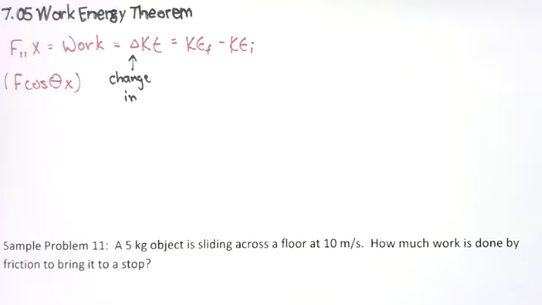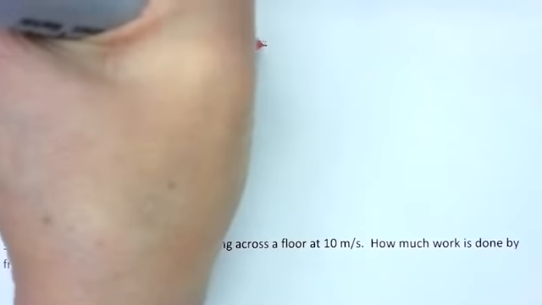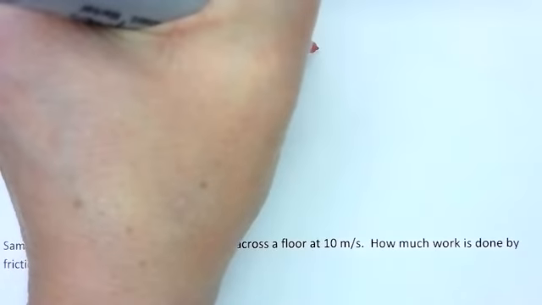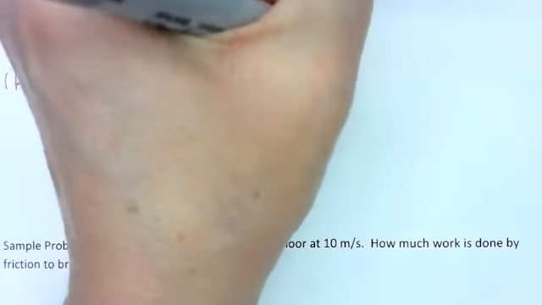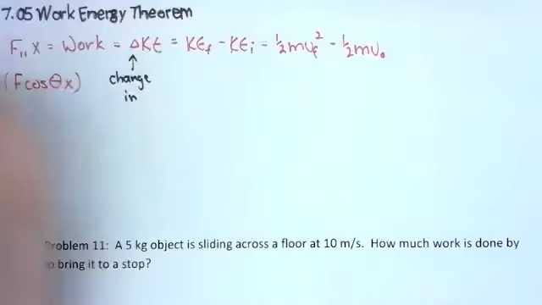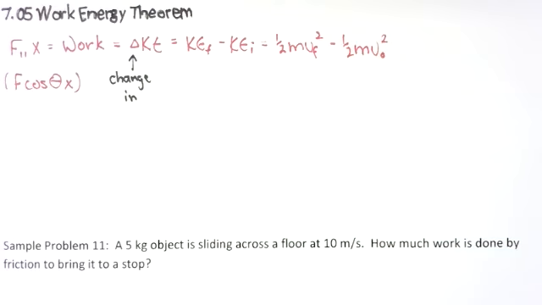But keep in mind, I can rewrite this because there's a formula for kinetic energy. So I could say this is also equal to, keep it on the same line, 1/2 m v final squared minus 1/2 m v initial. And I'm going to use the o here to show you that it can be either i or o.